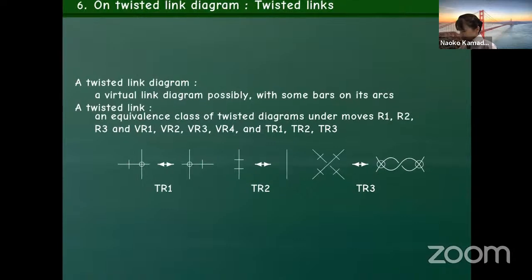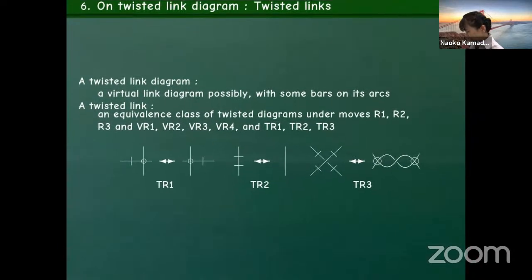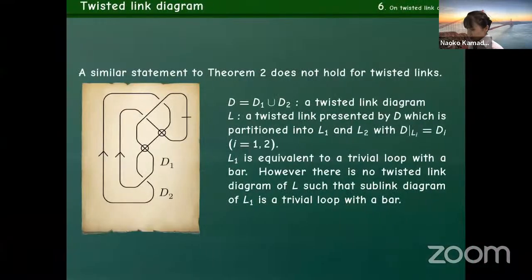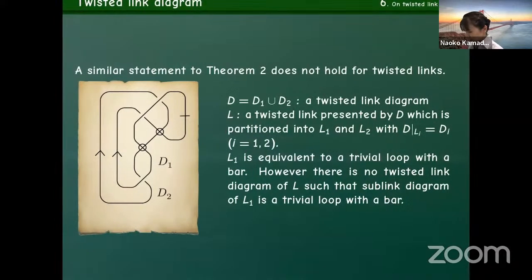In that case, we have the following. A statement similar to Theorem 2 does not hold for twisted links. So this is also an example of our result. Let D, which is the union of D1 and D2, be a twisted link diagram.